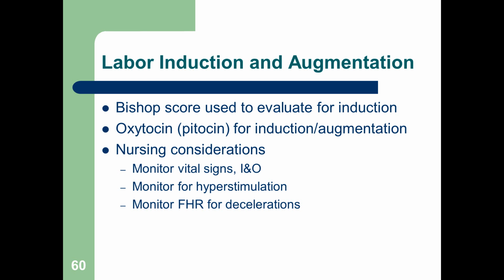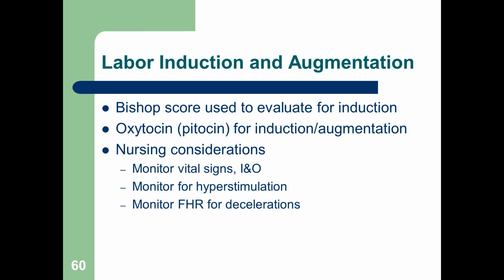Okay? Alrighty. So the next thing we're going to talk a little bit about is labor induction and augmentation. Induction is labor artificially started. So labor is artificially started. Augmentation is to assist spontaneous labor to be more effective. Okay?